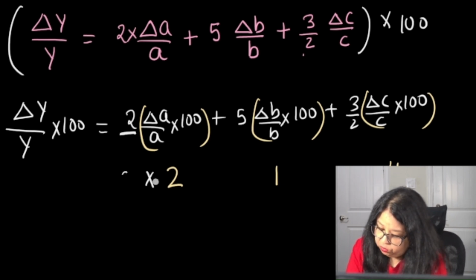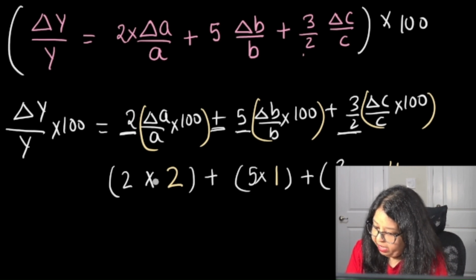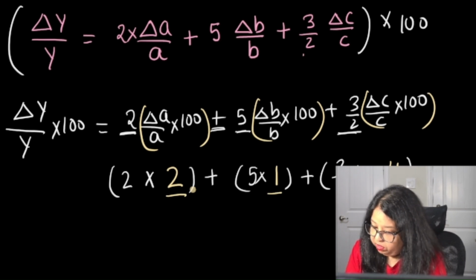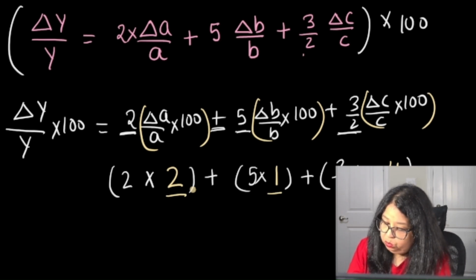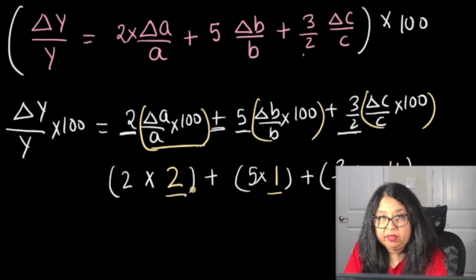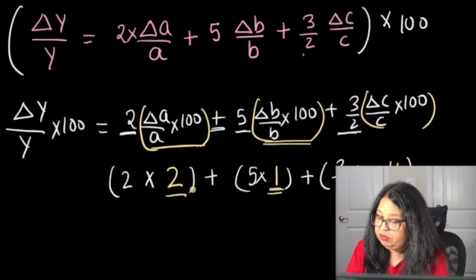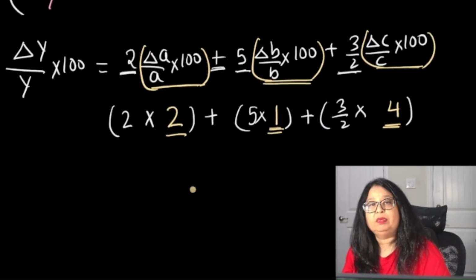Times these coefficients here, 2, then plus 5 times 1 plus 3/2 times 4. So these numbers in yellow are the percentage errors. 2 is the percentage error in A, 1% is the percentage error in B, and 4% is the percentage error in C.